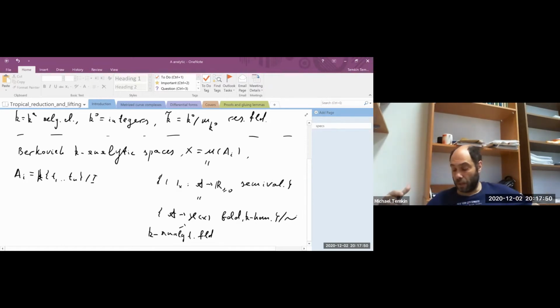If two such bounded characters factor through a third one, we say that they're equivalent.